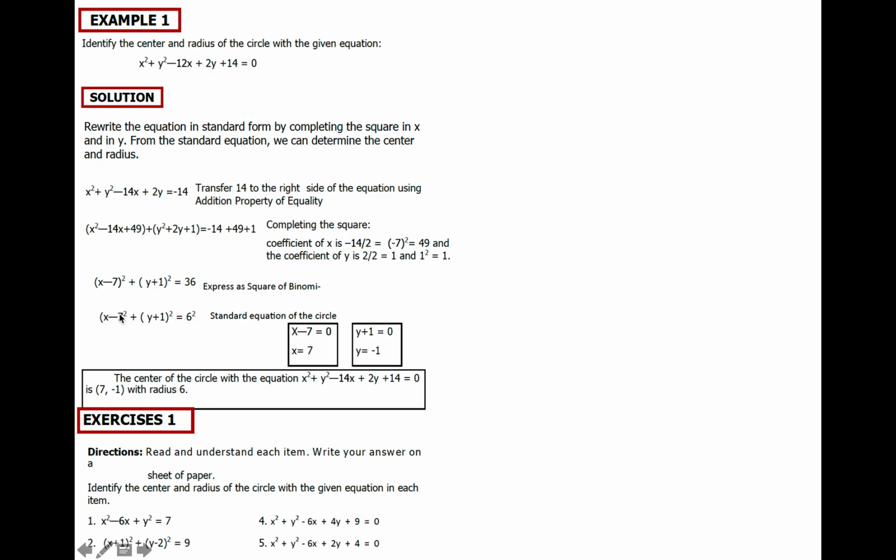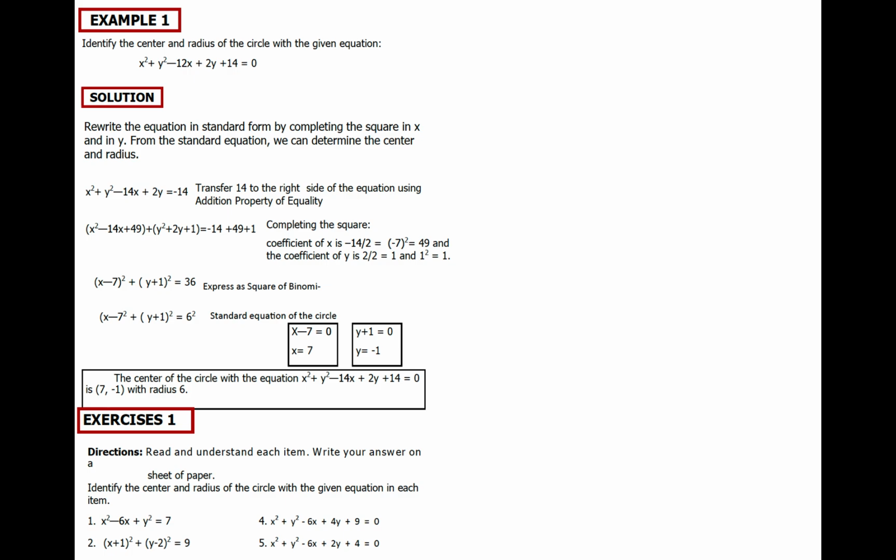And now that we have this form, which is already in standard form, obviously our h is 7 and our k is negative 1. This is y minus negative 1, meaning k is negative 1. So the circle whose general form is given has a radius of 6 and a center at (7, negative 1). Okay, I hope that's clear.